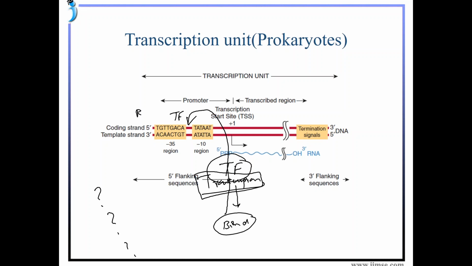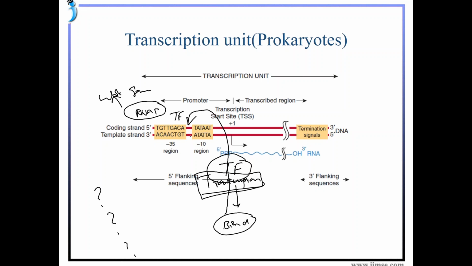Once the transcription factor binds, RNAP, that is RNA polymerase, which is continuously scanning your whole genome, whenever it sees a transcription factor binding to a promoter region, will come and bind to that site and start synthesizing mRNA.